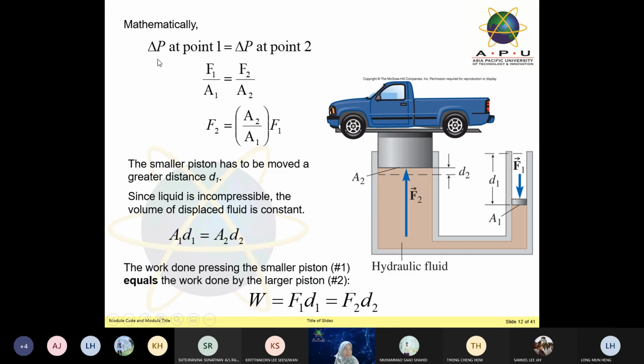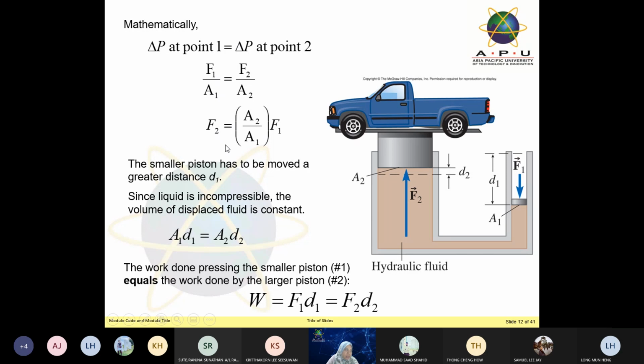So in mathematics, change of P at point 1 equals change of P at point 2. At point 1, formula is F1 per A1. At point 2, F2 per A2. Therefore, to find F2, we can use mathematical method, transfer this to the right side and become the formula like this.